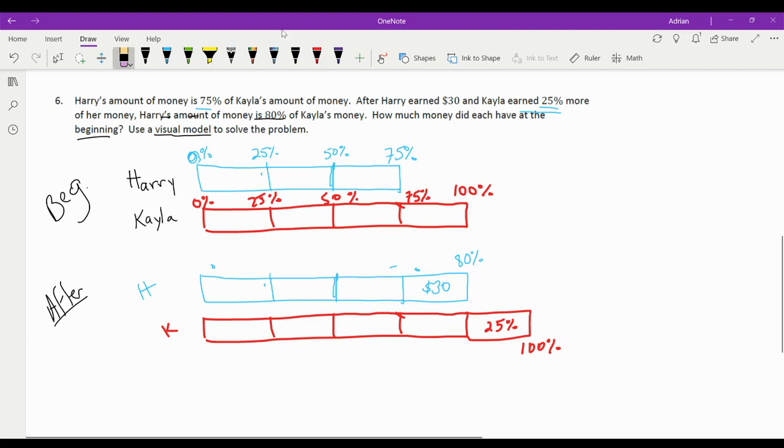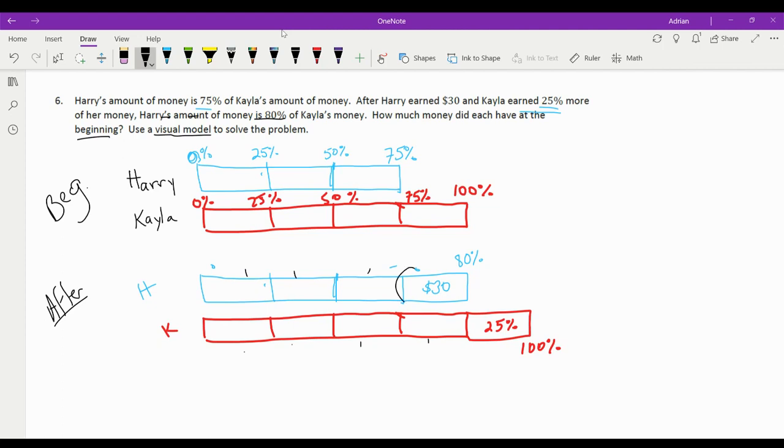And so if we count off how many blocks or how many units there are, we can see that there are 1, 2, 3, 4 units here, and 1, 2, 3 units that were in the original amount.